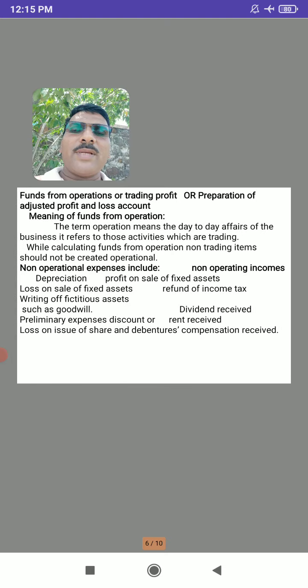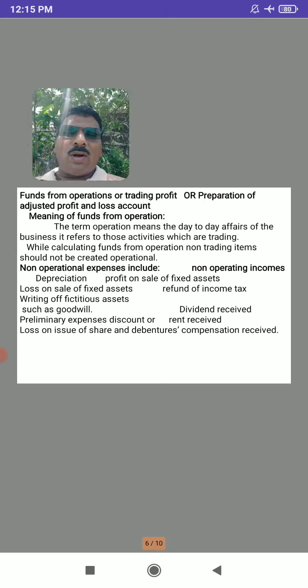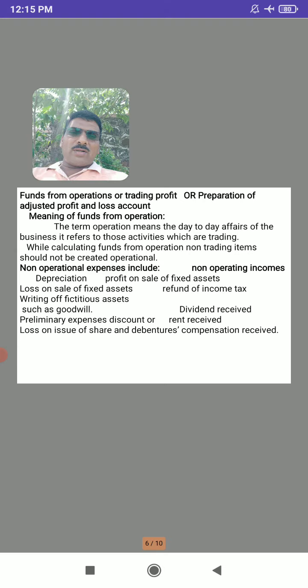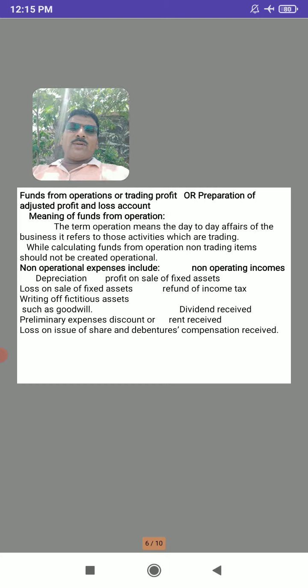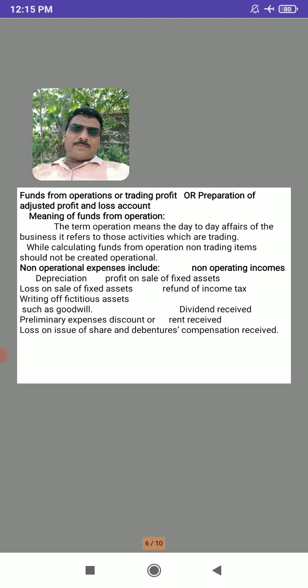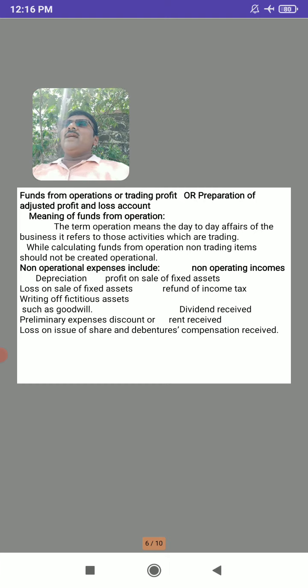The third step is preparation of adjusted profit and loss account, or funds from operation, or trading profit. Here we have to calculate funds from operation. First, what do we mean by funds from operation? The term operation means the day-to-day affairs of the business.